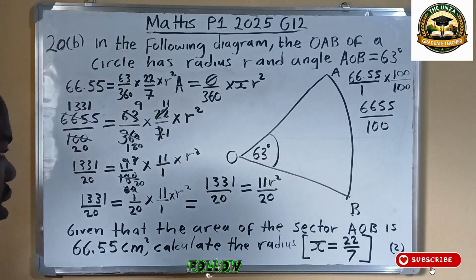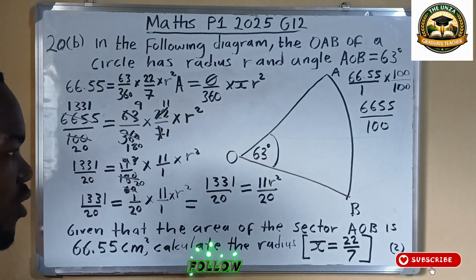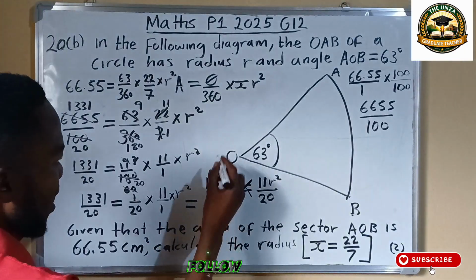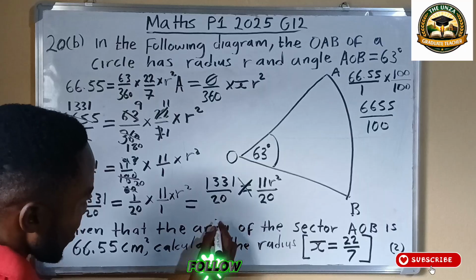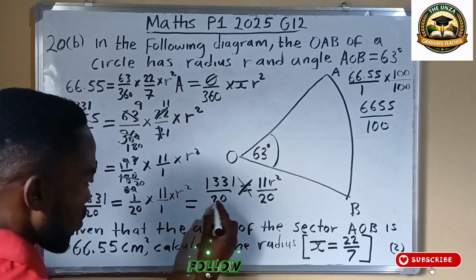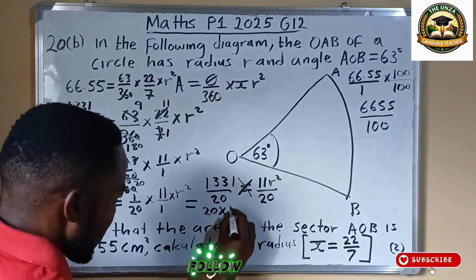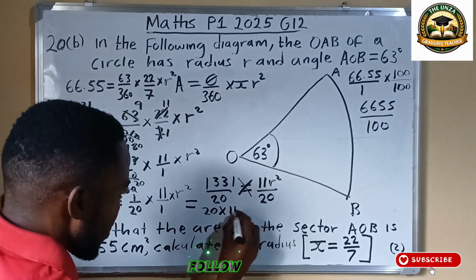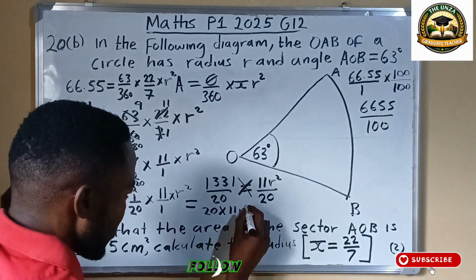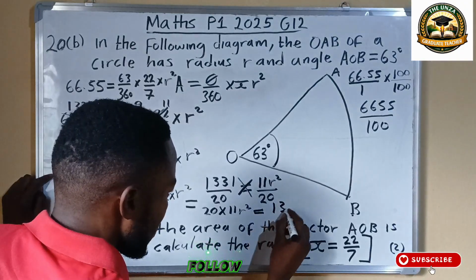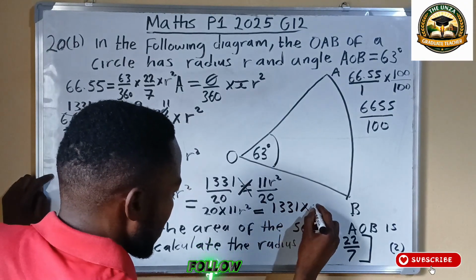You have reached the point where you need to cross multiply. So when you cross multiply, it will be 20 multiplied by 11 r squared equals 1331 multiplied by 20.